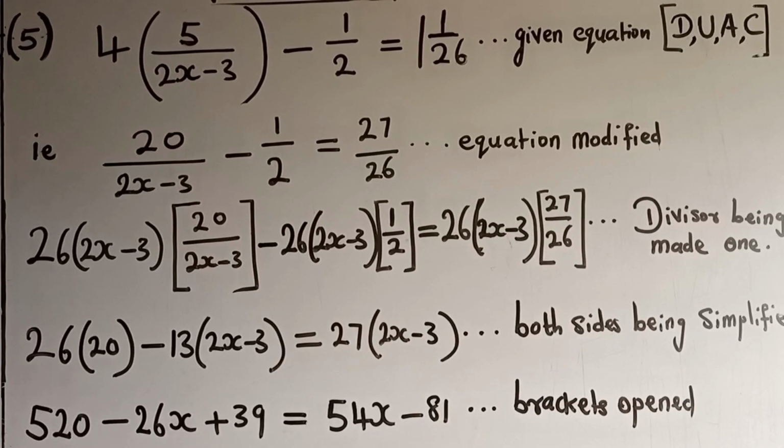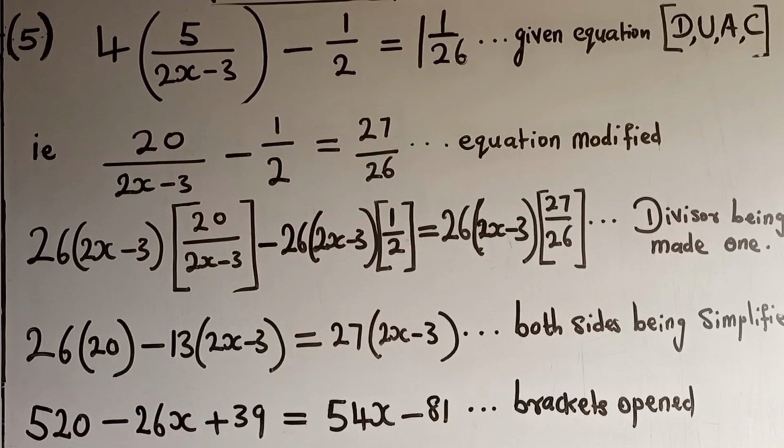Having known the skills that we're going to apply in solving this equation, let us proceed to solving it. The next line, which is this one, shows that this equation has been modified. That is, this equation has been changed or treated to become this. No value has changed.